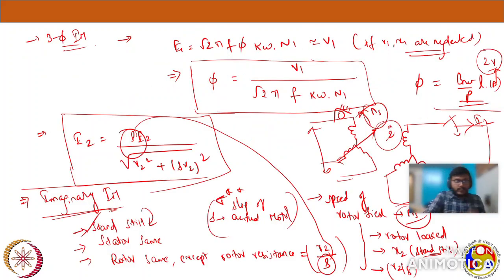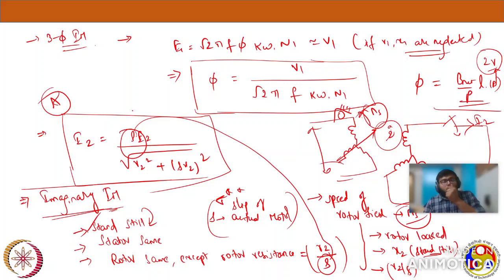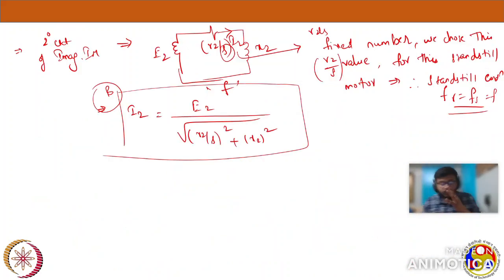This is current A of my actual motor, and this is current B of my imaginary motor. Are both A and B equal? Exactly, A and B are exactly similar. The RMS value of my rotor current in both cases A and B is exactly similar. Now the same current is flowing in the secondary of my rotor.